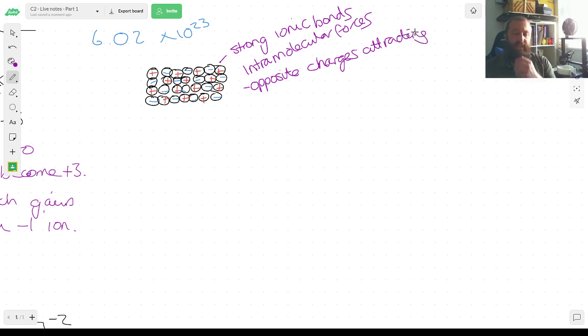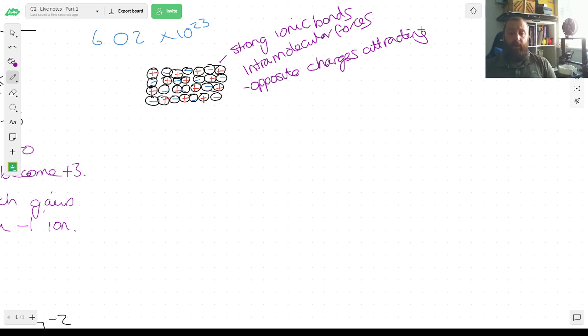Now, in the same way as it's quite difficult to start pulling magnets apart, it's actually quite difficult to separate these. So if you wanted to melt it, to turn it from a solid into a liquid, you've got to give those particles enough energy to start vibrating fast enough that they can start breaking these bonds. The link between temperature and the kinetic energy of the atoms we call kinetic theory, and I'll talk about this a little bit more on Wednesday.